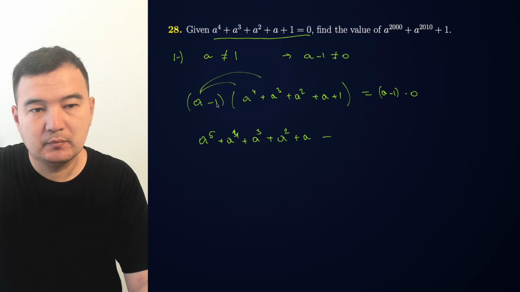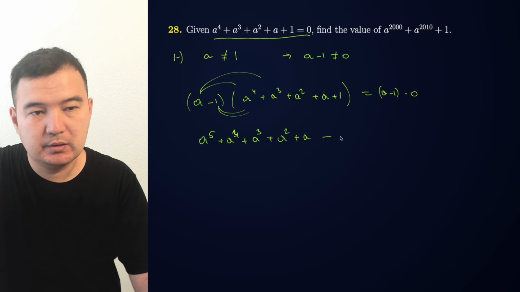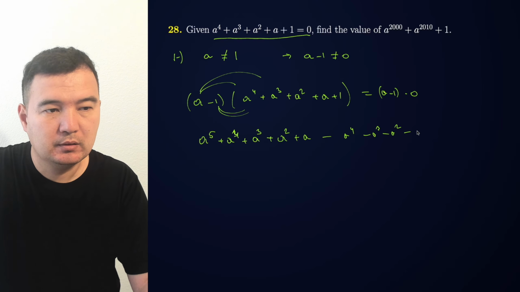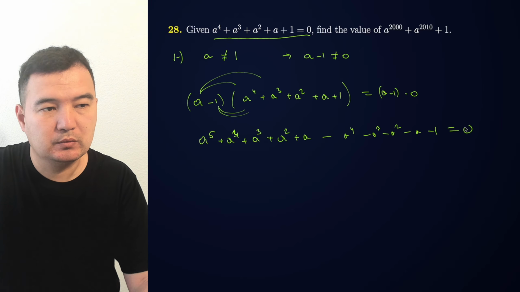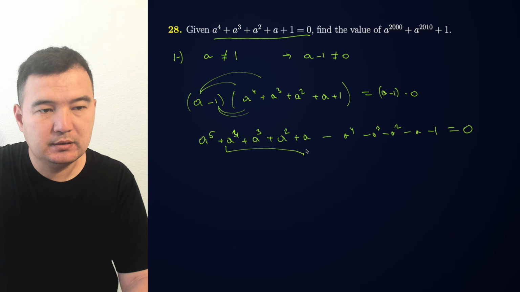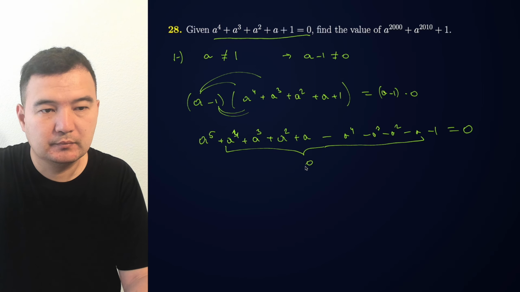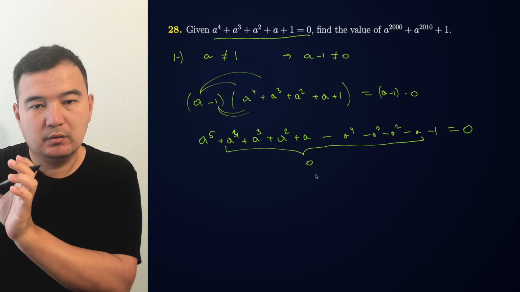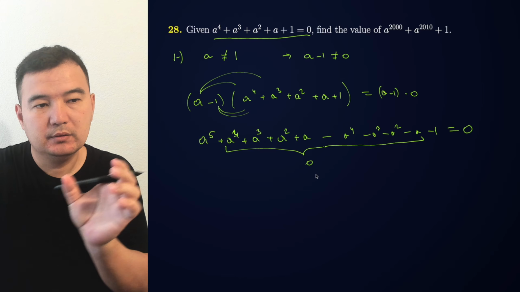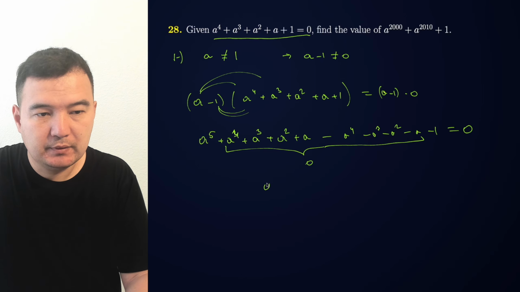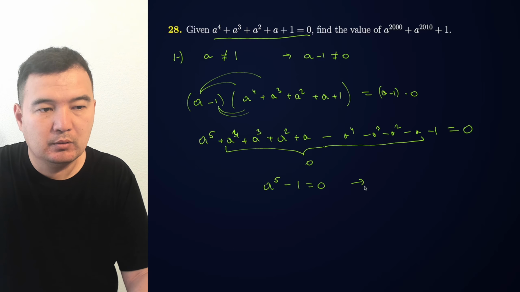And then when you multiply by minus 1, you get minus a^4, a^3, a^2, a, minus 1, equal to 0. You see that this part of the expression cancels: powers of a 4, 3, 2, 1, and then subtract 4, 3, 2, 1, so that's 0. What we have is a^5 minus 1 is 0, or in other words, a^5 is 1.